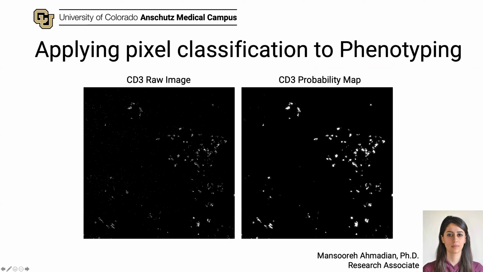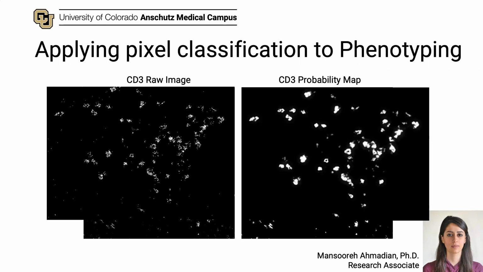As you can see here, on the left is a raw image of anti-CD3, and on the right is the probability map that's generated ahead of this phenotyping workflow. If we zoom in a little bit more, you can see these stray pixels in between. The cells that are positive are also very pixelated, as we've been talking about this whole time.